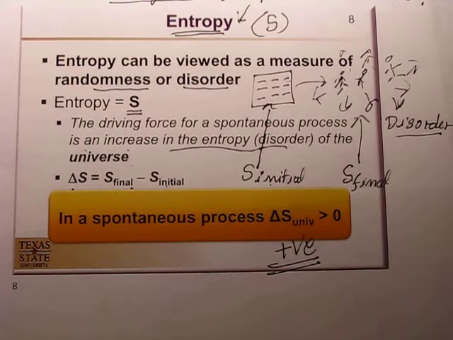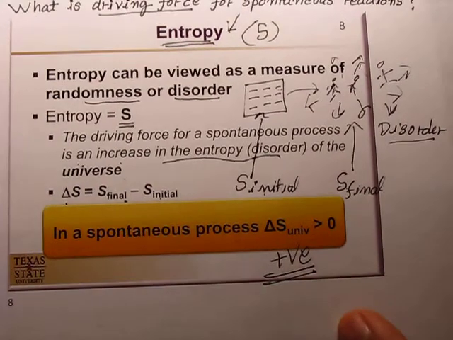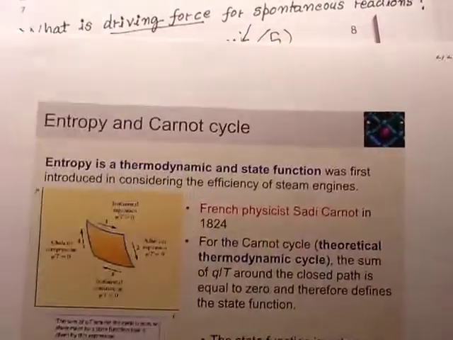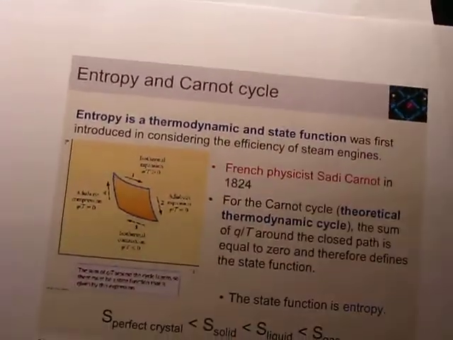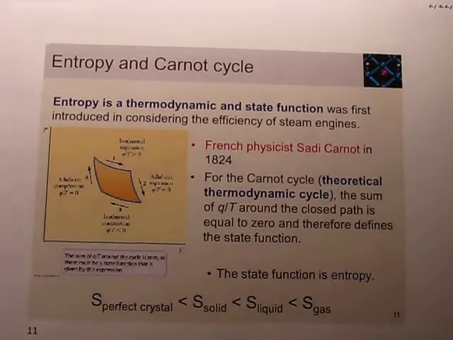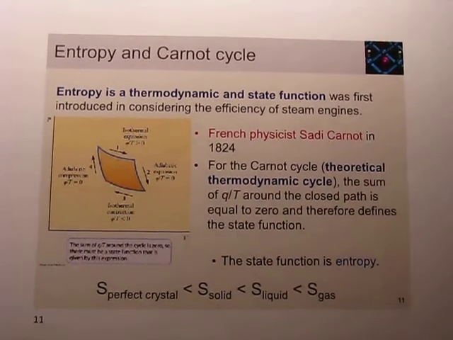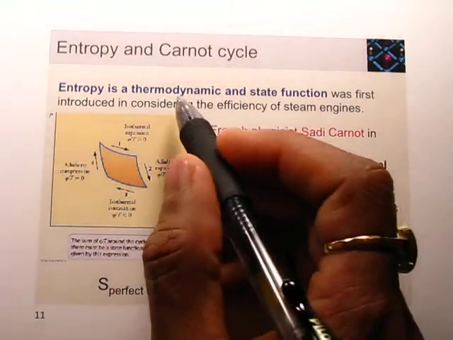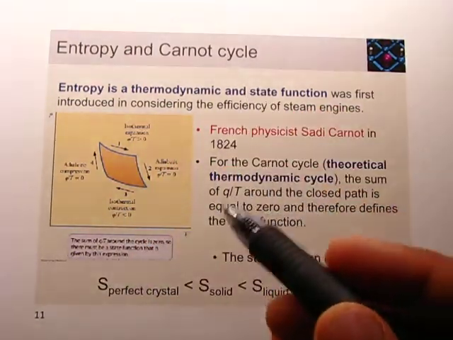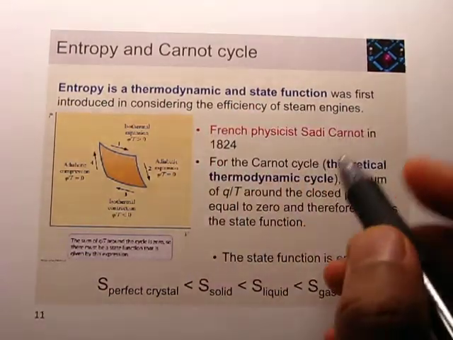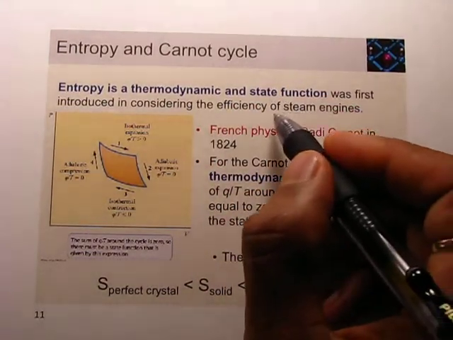The term entropy was introduced or explained for the first time in the 19th century by the French physicist Carnot. Entropy was explained in the theoretical model of the steam engine.